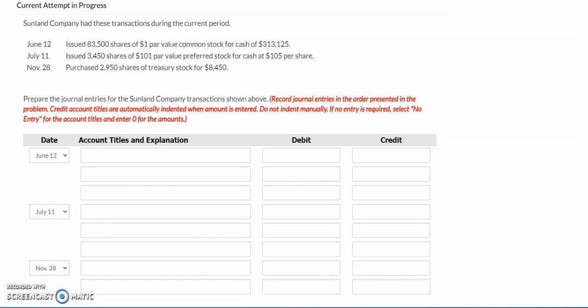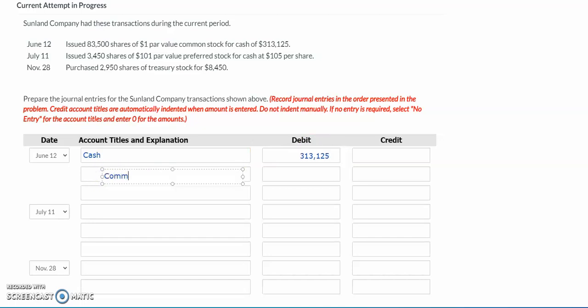So typically, so far in our semester, we've learned that a company is going to debit cash for the amount of cash received. In this problem, they received $313,125 of cash in exchange for common stock.